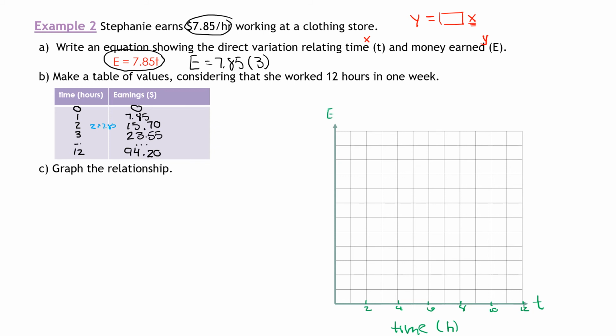And what scale am I going to use? Here's a case where I don't want to just use these numbers and write them down, because those are not even numbers, even though they're going up evenly.